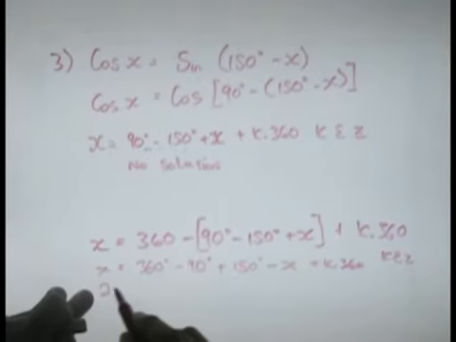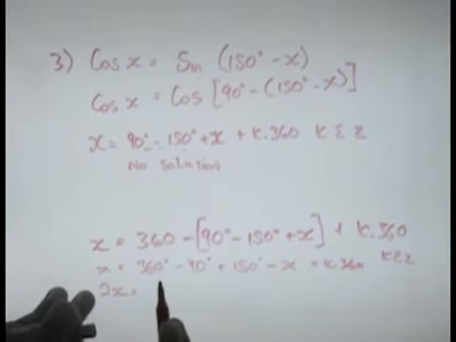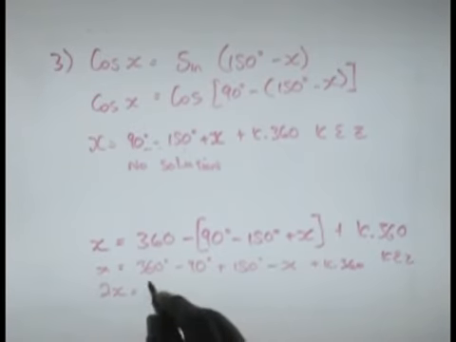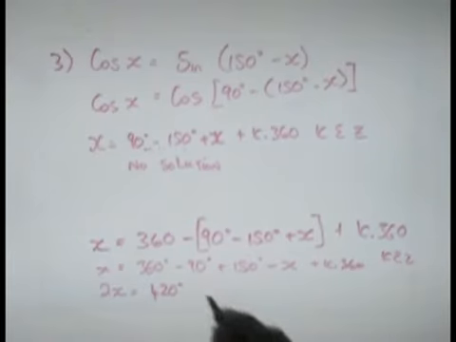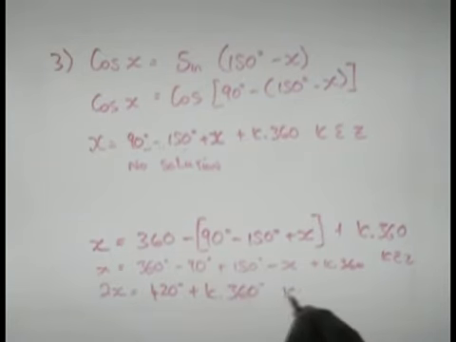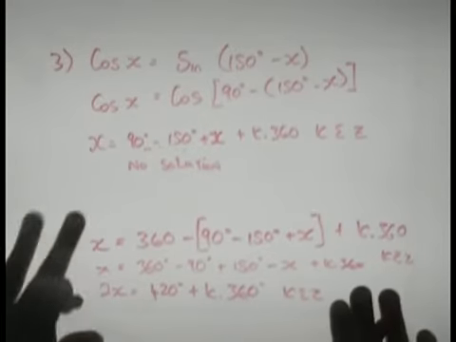Minus x across makes that 2x is equal to 360 degrees minus 90, which gives us 270 degrees. 270 degrees plus 150 gives me 420 degrees plus k times 360, where k is an element of integers.